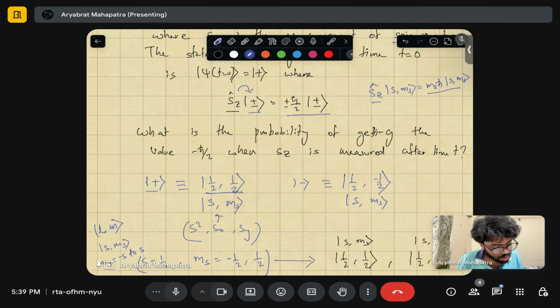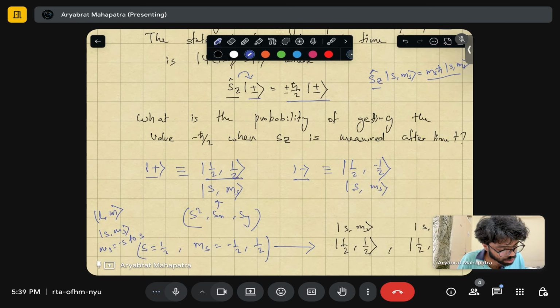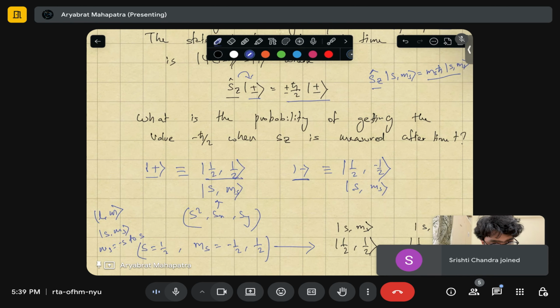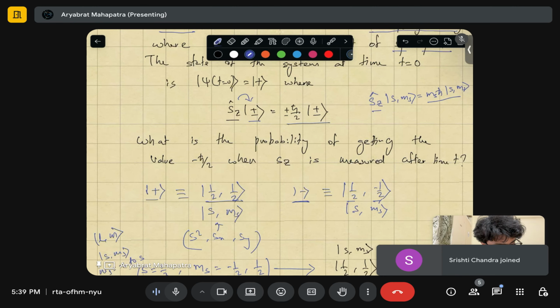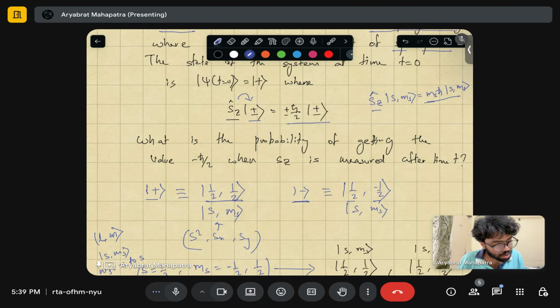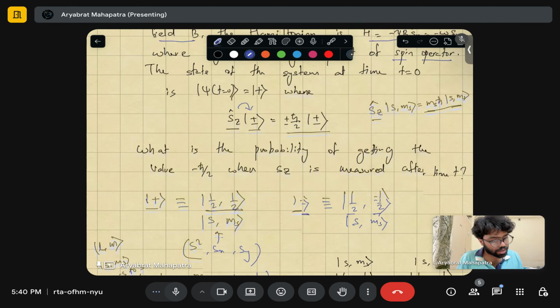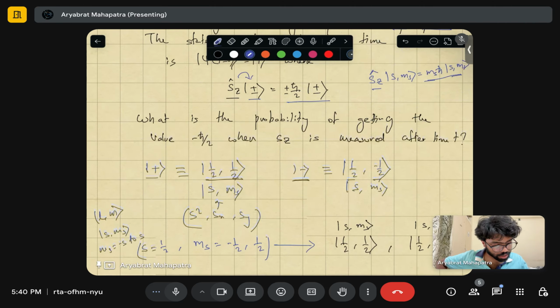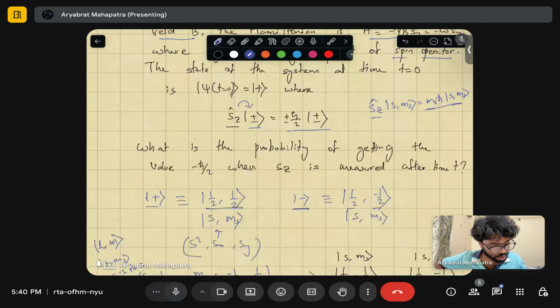When it acts on the minus state, that means half, minus half, you will get minus h bar by 2. So that is the initial state.